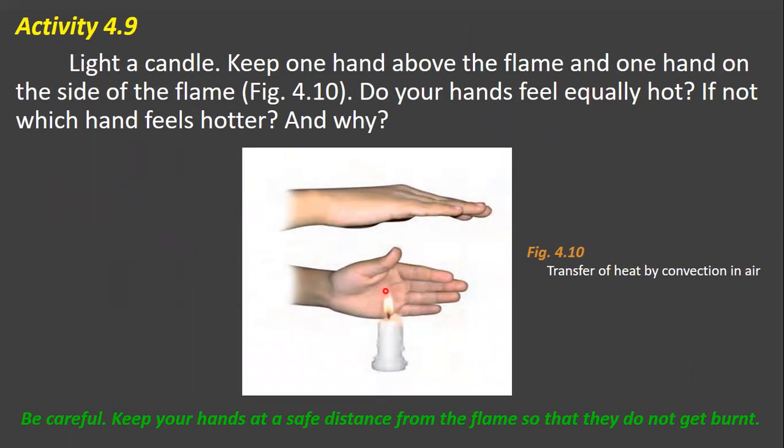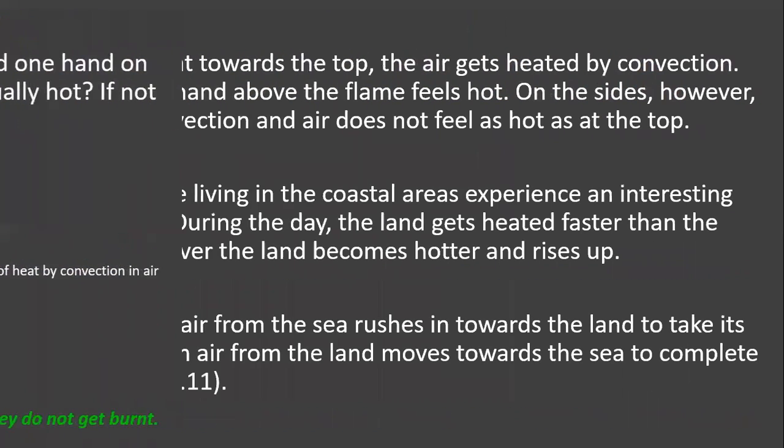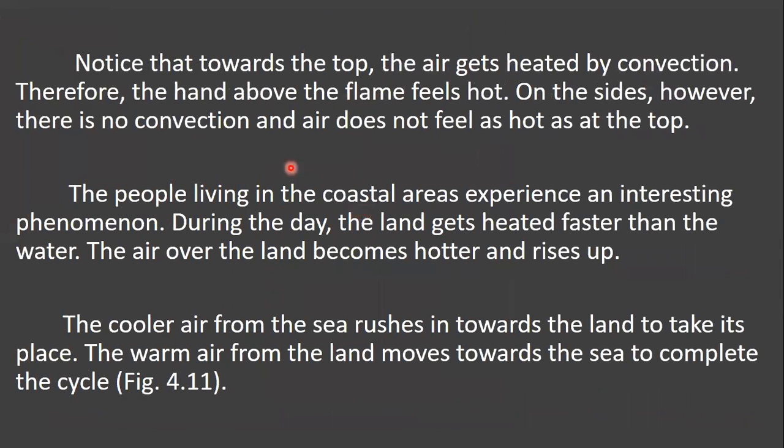Though the hand at the side is near to the flame, it will not get heated fast, because the hand which is above the flame gets heated by convection. This is because, children, towards the top the air gets heated by convection.